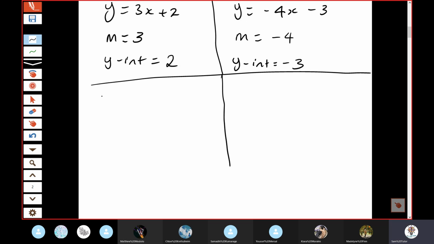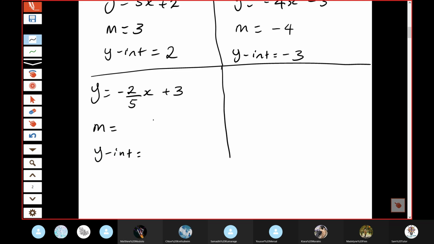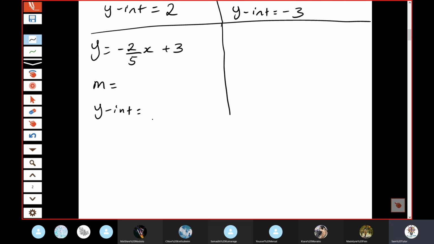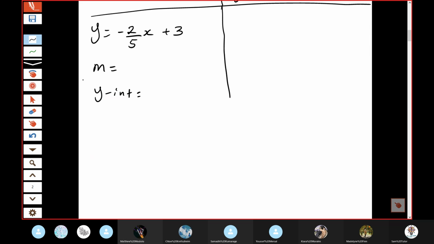Okay, let's keep going. Y equals, let's try this next one, negative 2 over 5x plus 3. Again, somebody else. What does gradient equal to? What is the y-intercept equal to? The y-intercept would equal +3, wouldn't it?